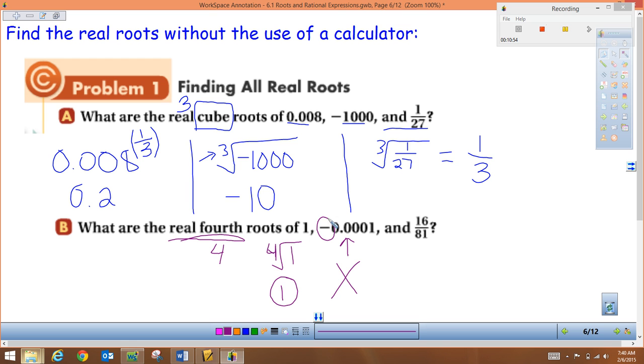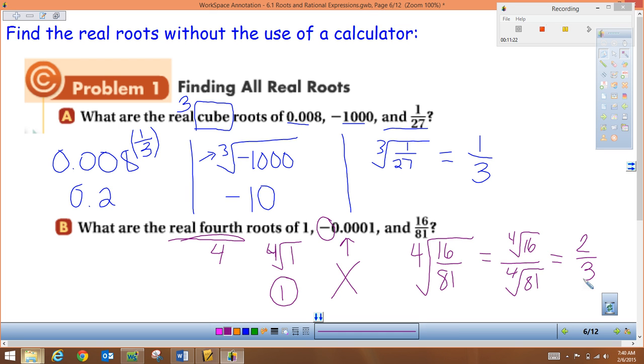Okay? And last, fourth root of 16/81. So what we're going to do is we're going to take the fourth root of 16 and the fourth root of 81. Using your chart, you'll find that the fourth root of 16 is 2 and the fourth root of 81 is 3.